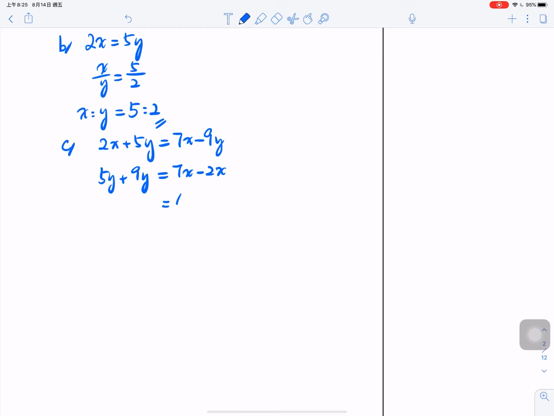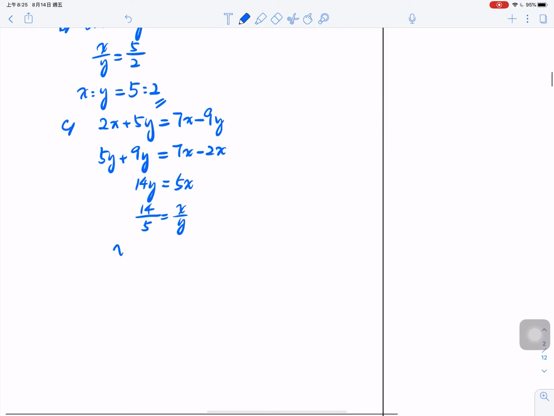So you get 5x equals 14y. Right? So what is x over y? Maybe I write here x over y equals 14 over 5, right? So what is x to y? Equals 14 to 5. Correct.